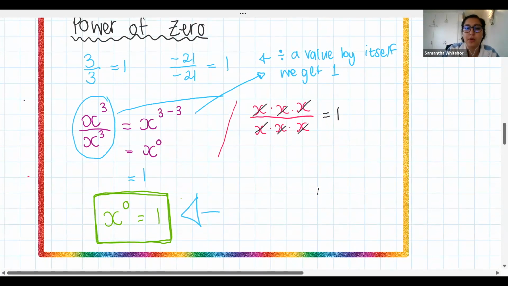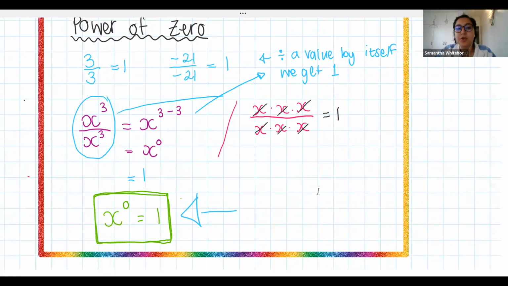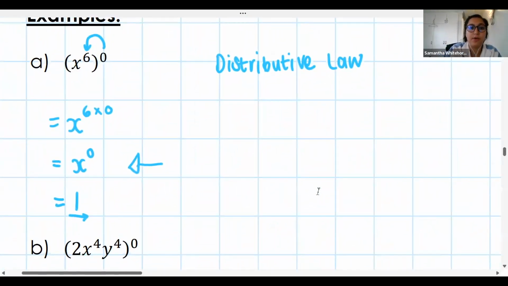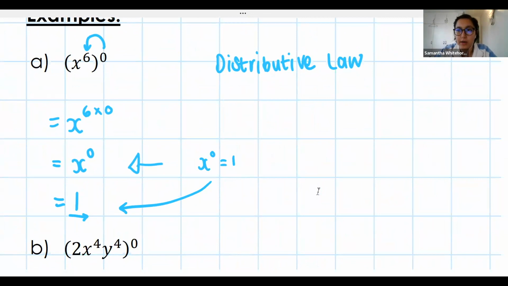That was the law that we just did. So now that I've got this x to the power of 0, I know that x to the power of 0 is actually 1. And so my final answer is 1. It is not x to the power of 0. It is not x to the power of 1. It is 1.